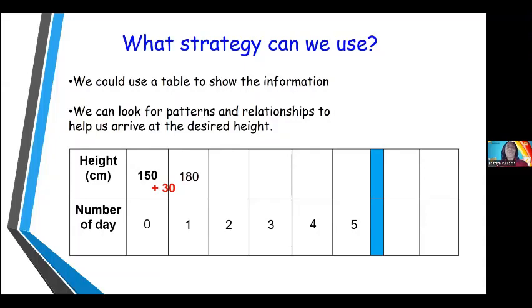So there we have it, 180 centimeters. That's day 1. Day 2, we could continue this pattern by adding 30 centimeters. So another day he would grow 30 centimeters. So 180 added to 30 is 210.